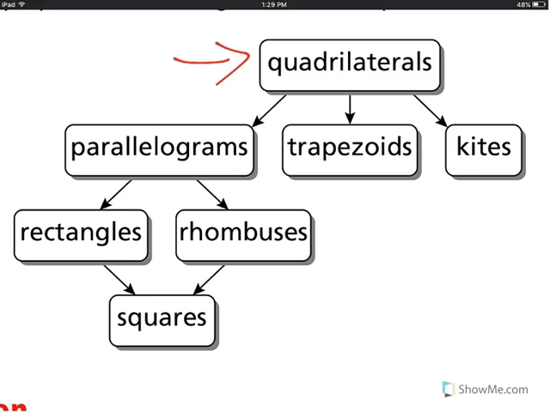Well, if you have two pairs of parallel sides, you have a parallelogram, and then if it has four right angles, then it goes underneath the rectangle, and say it has all your sides congruent, it ends up being a square as well. So this would be something that's good to write down. And we'll talk about it more in a little bit.